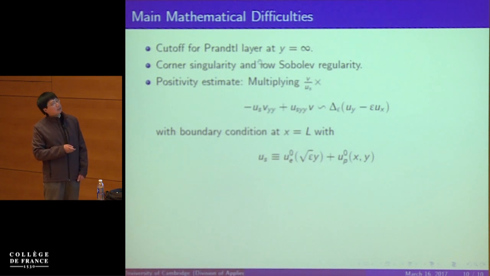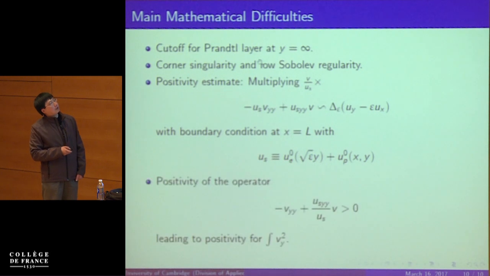So the question is, when you do this, whether or not you can obtain some positive estimate for your V. This is entirely coming from the convection term. This is because you have this non-trivial convection term. This has an order 1 contribution.